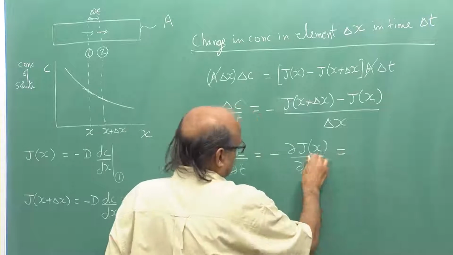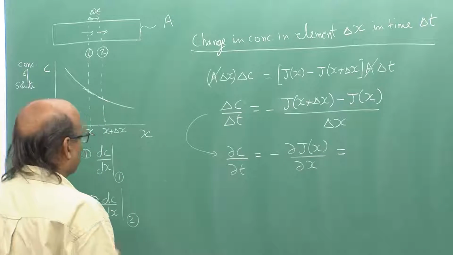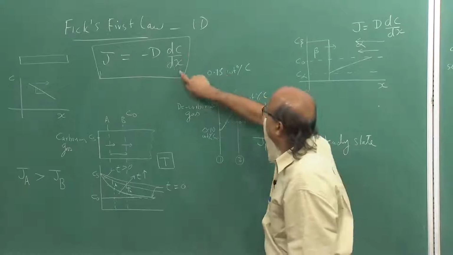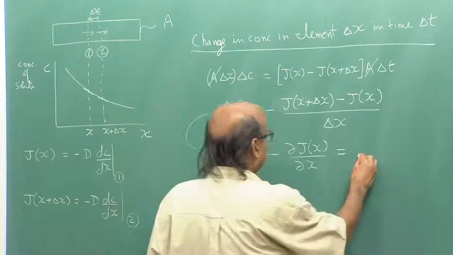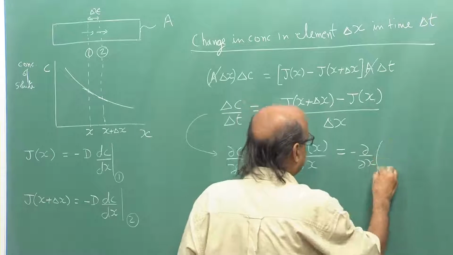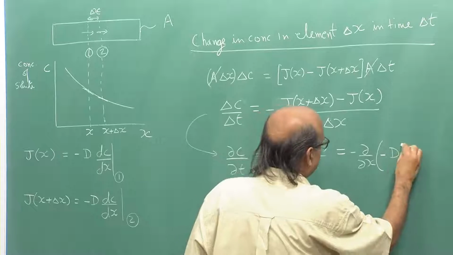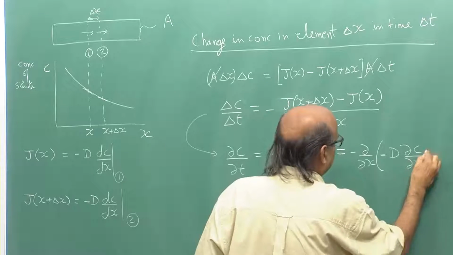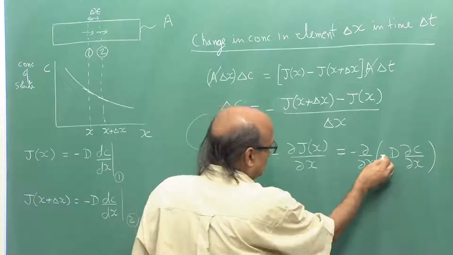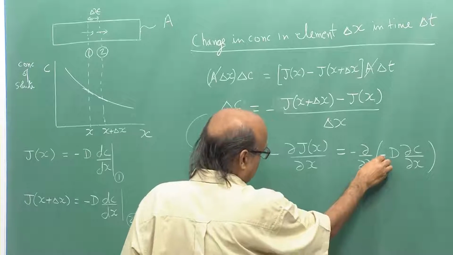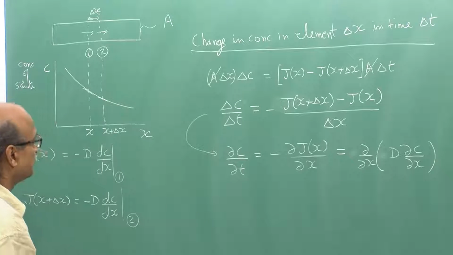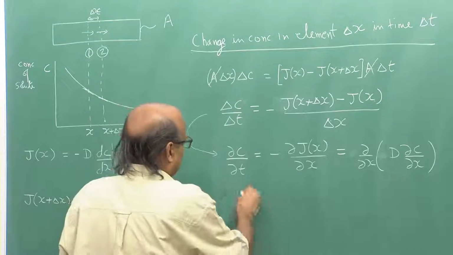Since J from Fick's first law is simply minus D dc by dx, I substitute that and this would become minus del by del x times minus D del c by del x. Since we have a minus sign inside and outside, I can just remove the negative signs, everything is positive now.